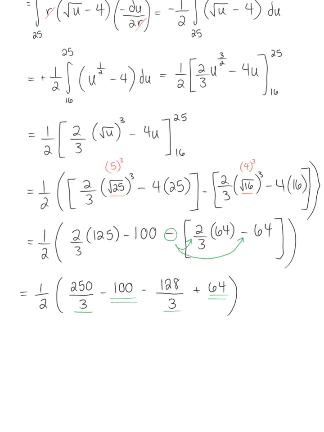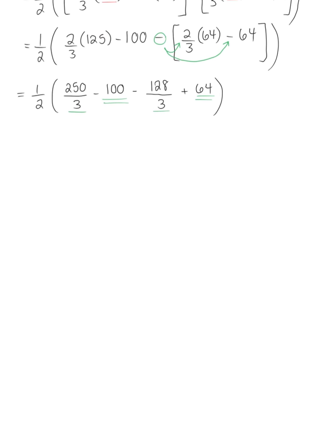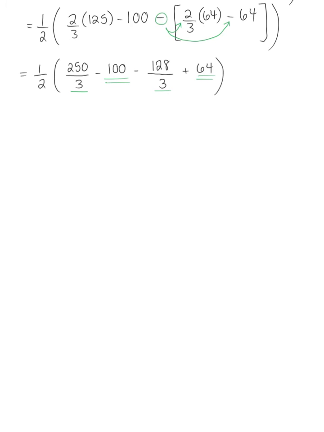We've got the terms that are divided by 3, and then we have our two whole numbers here, or integer values, excuse me. So grouping these together, we have this is equal to 1/2 multiplied by 250 minus 128, which leaves us with 122 over 3. And then we have minus 100 plus 64, which leaves us with minus 36.